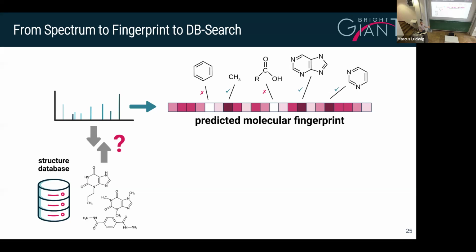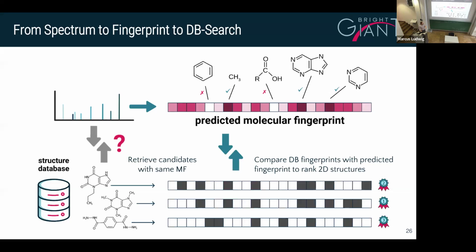If it's not, it should have a low probability. For structures in our database, it's easy to generate this molecular fingerprint because you know which substructures are contained or not. Then we just compare the predicted molecular fingerprint against the fingerprints of the structures. In this way, we get a ranking and annotate the compound with the molecular structure in the database.